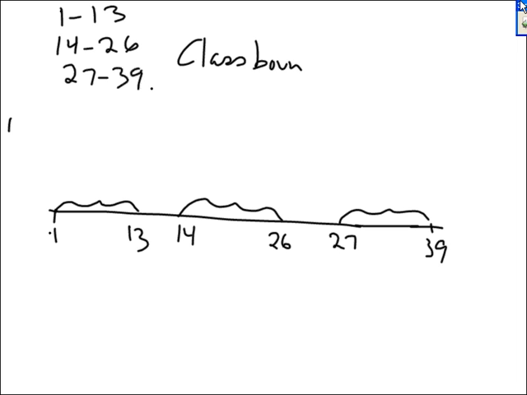The class boundaries are a set of numbers. Here is a gap. It's the midpoint of the gap. What's in between 13 and 14? 13.5. And then you try and locate the second gap, and you find the midpoint. And you go and find the third gap.